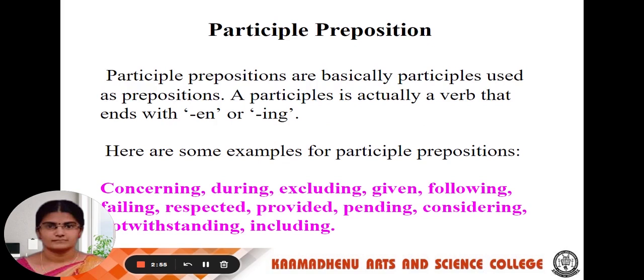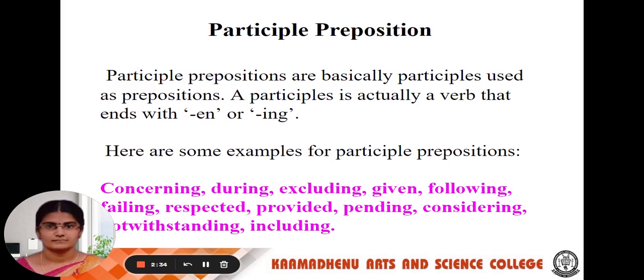Last is participle preposition. Participle prepositions are basically participles used as prepositions. A participle is actually a verb that ends with en or ing. As we had seen in verbs, a participle ends with en or ing.